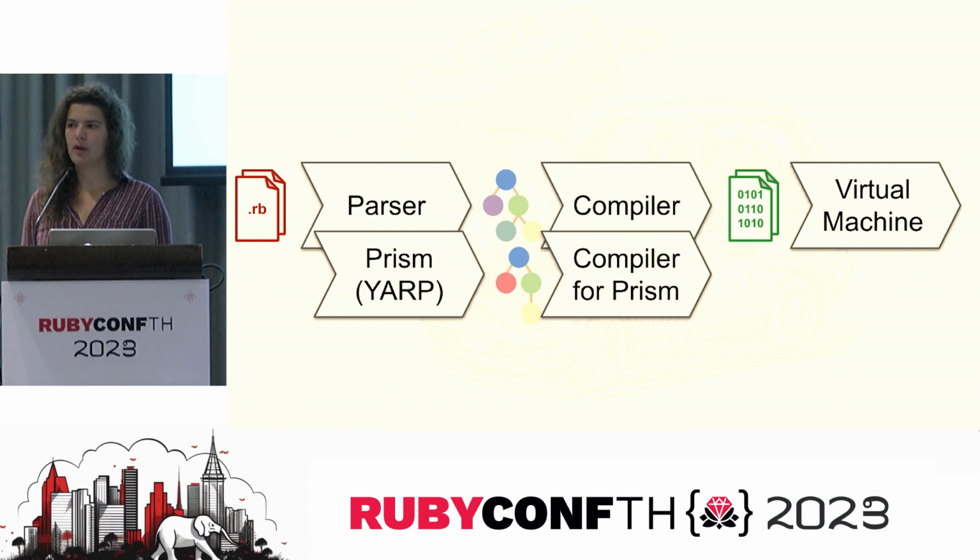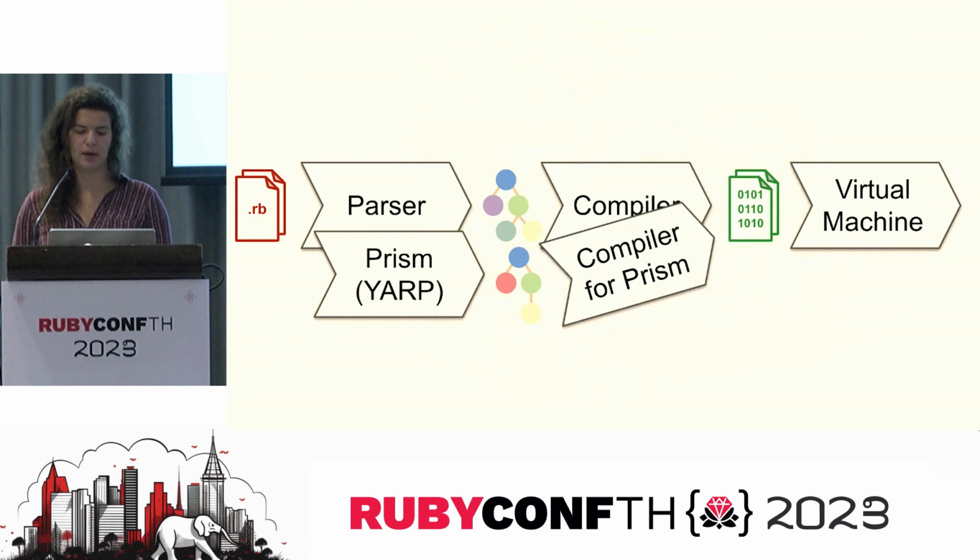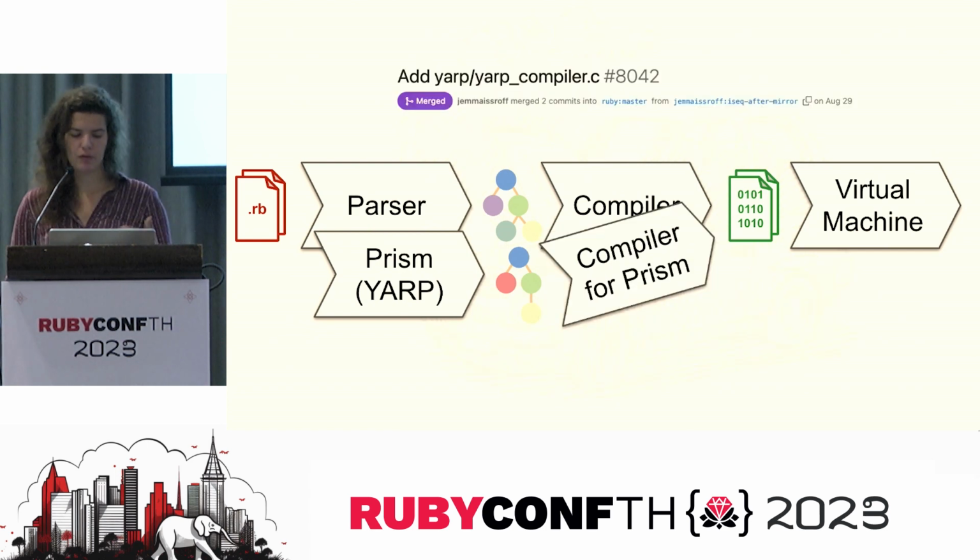And we don't want to create brand new bytecode. It's okay if the bytecode doesn't match exactly one-to-one, as long as it comes out to the same result, right? You could see cases where the different node structure could lead to slightly different bytecode, but it wants to be essentially similar. And we've already started merging a lot of this work and can continue to go node by node, implementing the compiler for Prism right into Ruby itself.